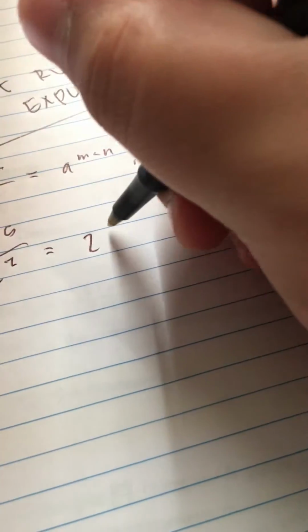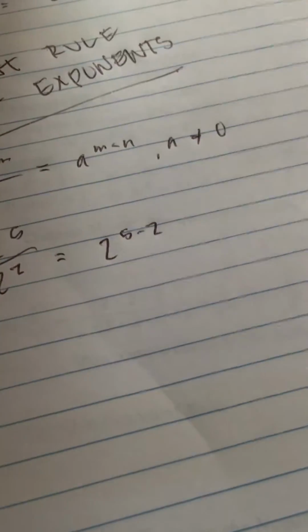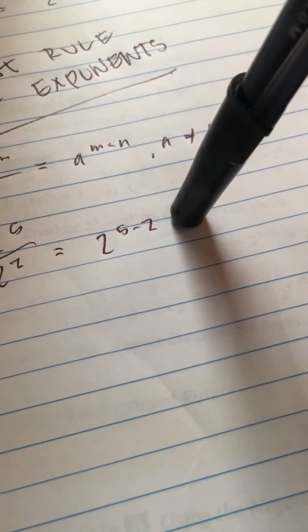One example would be 2 to the 5th power over 2 to the 2nd power, which means 5 minus 2, so it equals 2 to the 3rd. It's not that difficult.